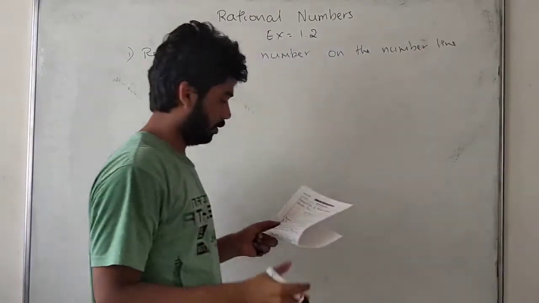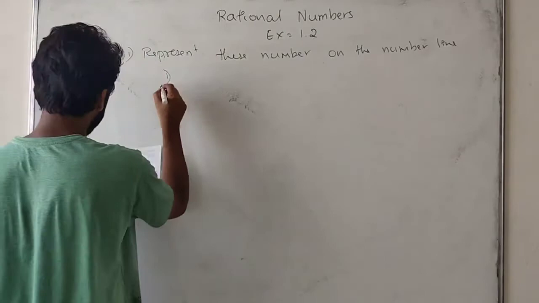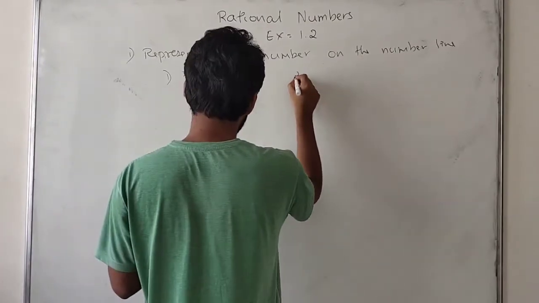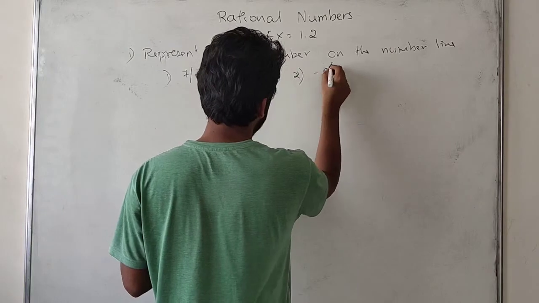So students, the first one is 7 by 4 and the second one is minus 5 by 6.